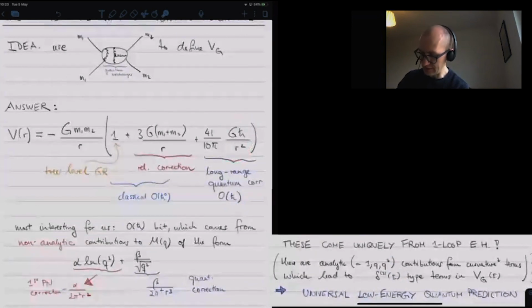And so the important bit is that this gives us what I would call a universal low energy quantum prediction from purely Einstein-Hilbert, just by taking it seriously as a quantum field theory, which we can by working within this effective field theory framework.